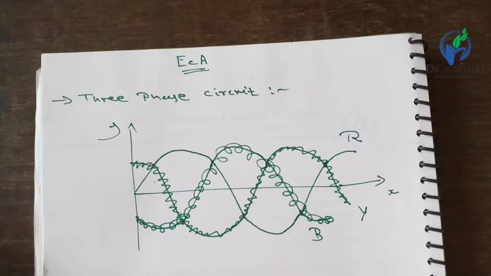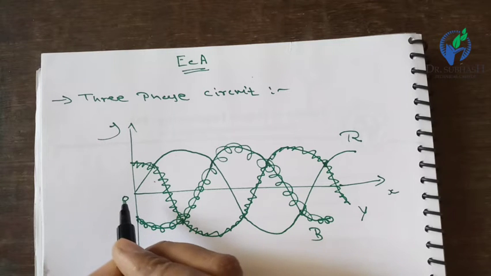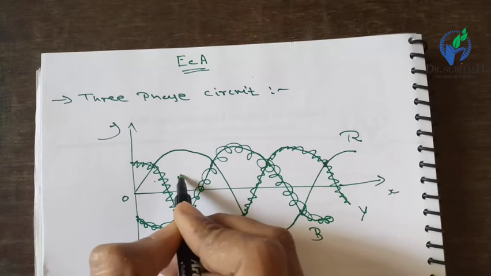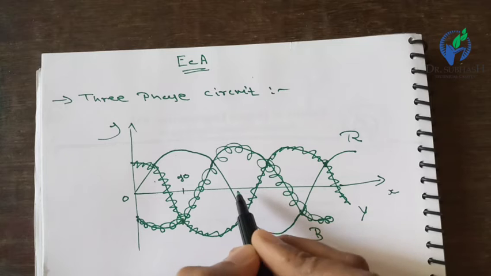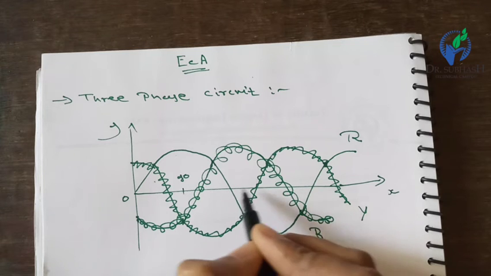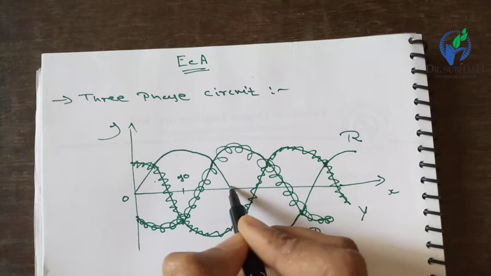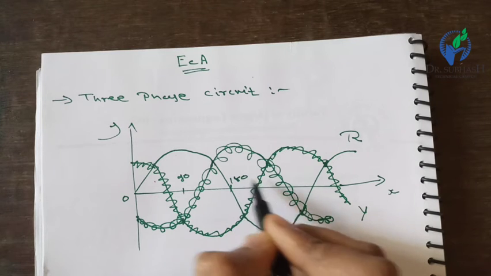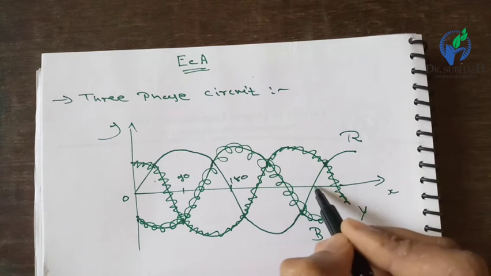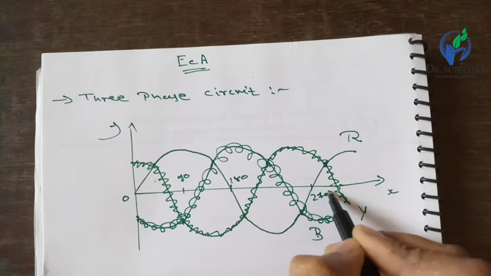In this waveform, the angle between them is 0, this is 90 degrees, this is 180 degrees, and this is 270 degrees.